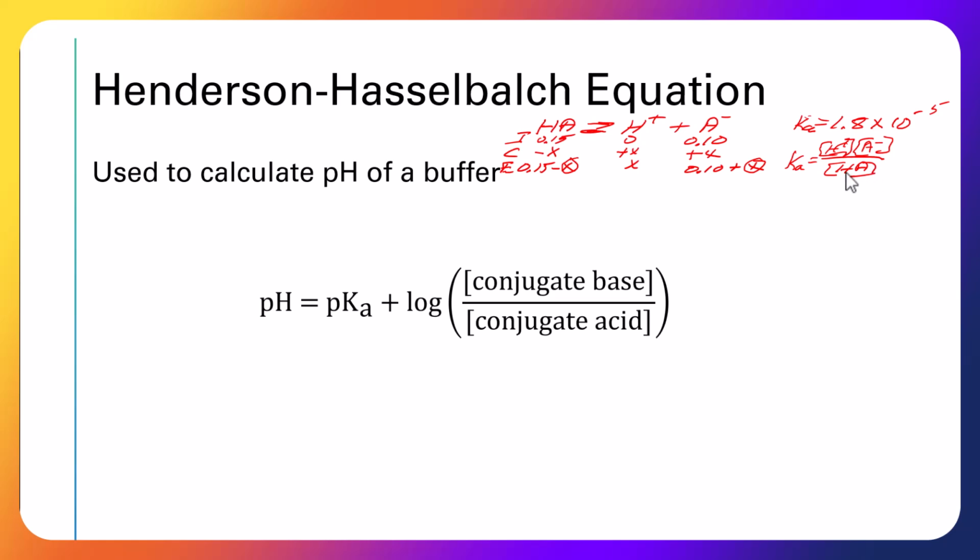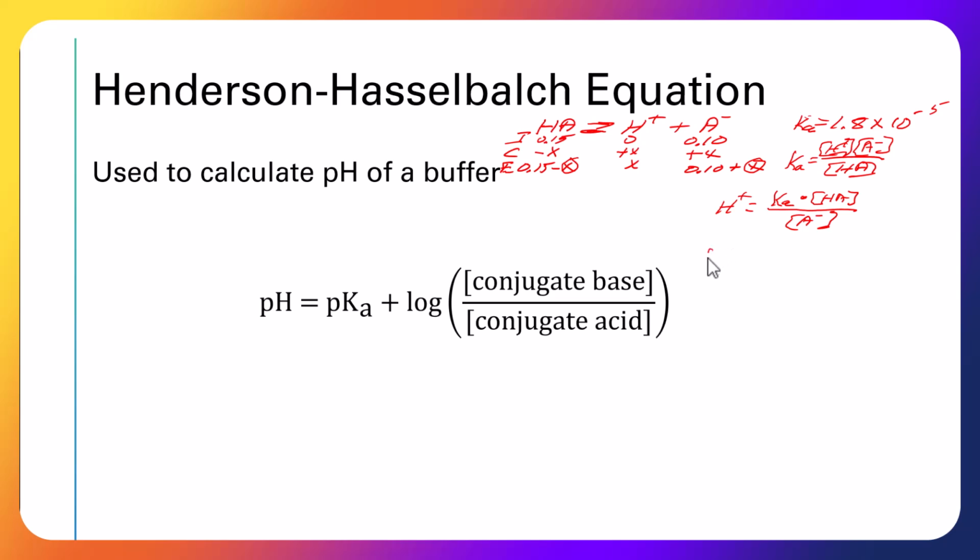I'm going to go ahead and multiply both sides by the Ka, so I'll have Ka times the HA, the weak acid concentration, and then I'll divide that by the weak base, its conjugate base concentration, and that equals H plus. So I've solved for H plus. I can simply plug those numbers in, solve for H plus, and get the pH from that H plus concentration.